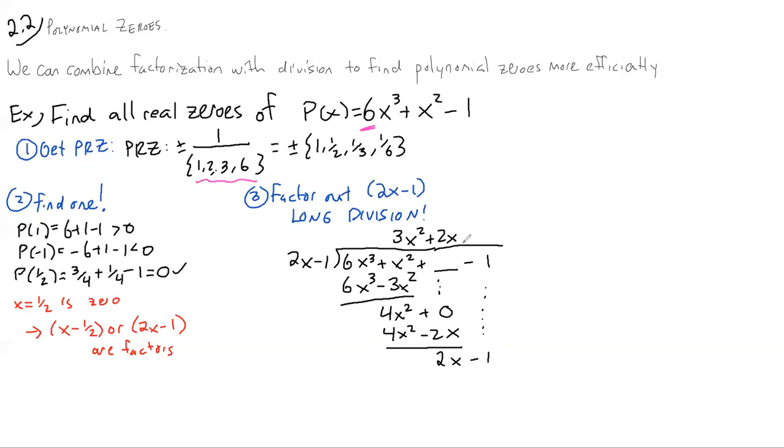And again, if I've done this right, there should be no remainder. And I know that 2x times 1 is what I need for my 2x. I should be able to see I get full cancellation here. Same idea. For this to actually factor, I need no remainder. But this does give me my factorization.